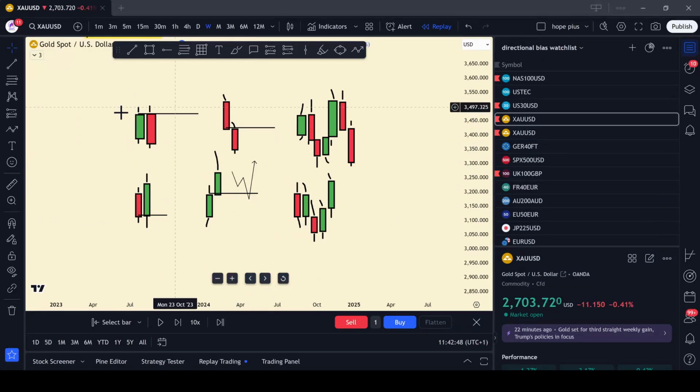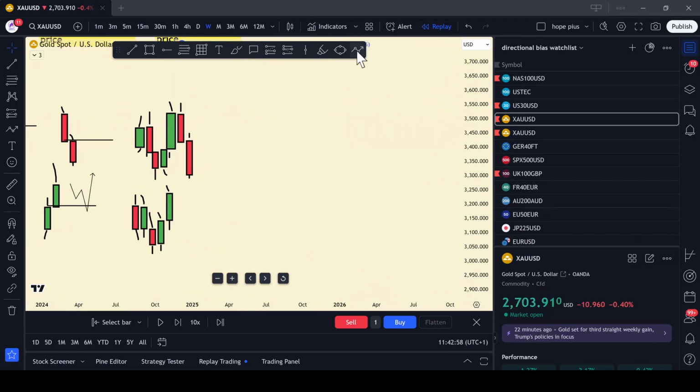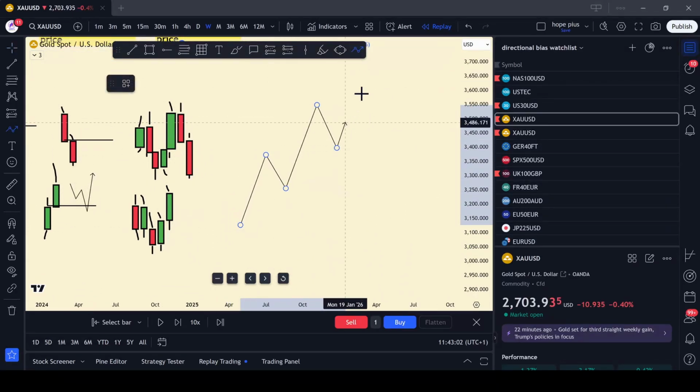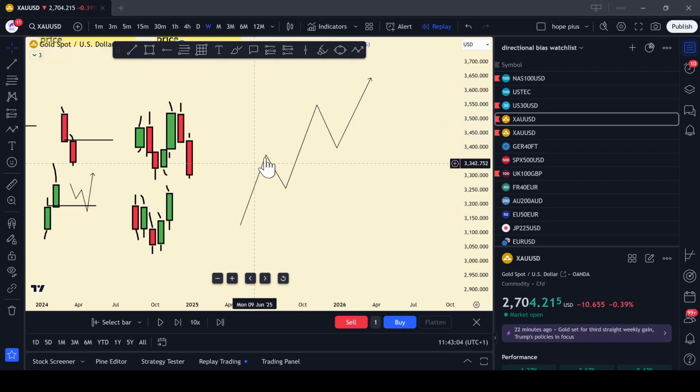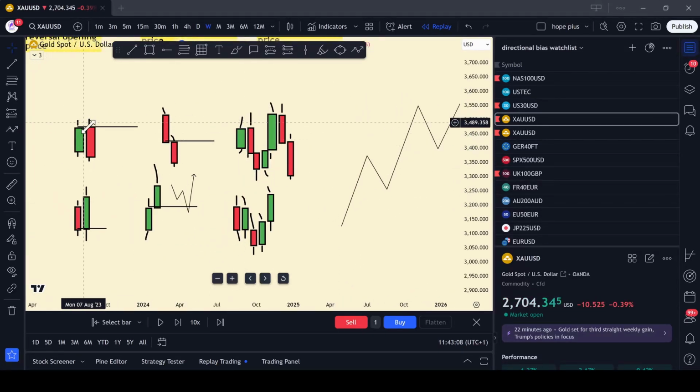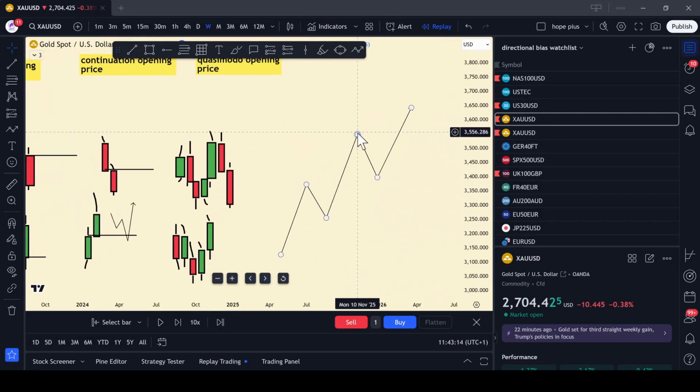The reversal opening price is mostly used for reversal of a trend, or at least it might begin the impulse leg. This is what I mean. If you have a market like this, all right, most of this pullback happens around the reversal opening price.